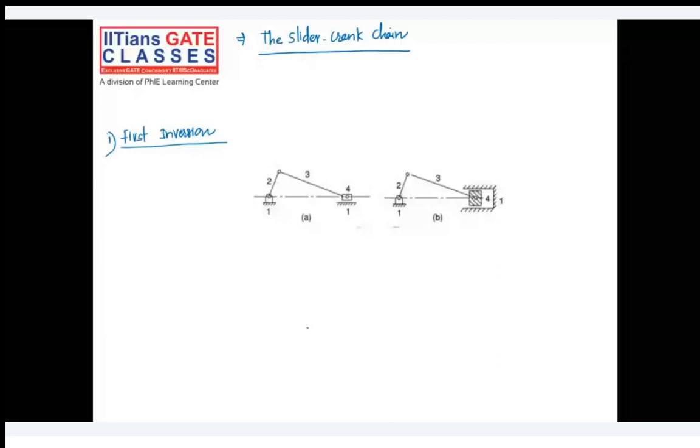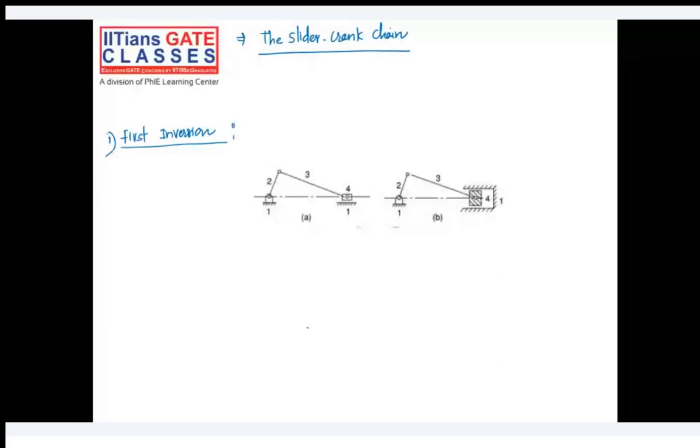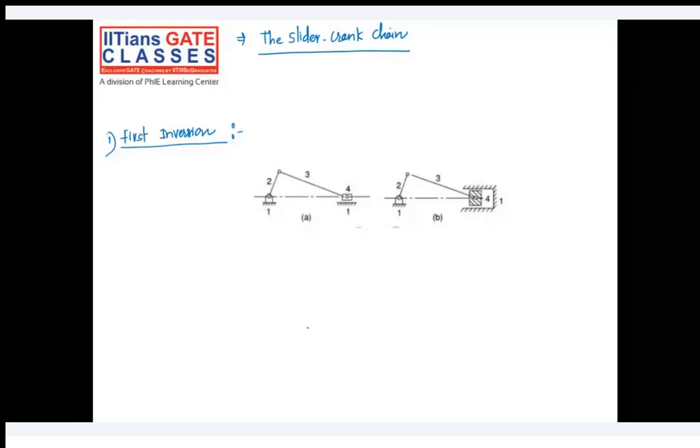Suppose if we fix first link in slider crank chain, what we are doing in 4-bar chain, we are just replacing one link by slider. We will get a slider crank mechanism. Nothing is different. Okay. Just like, for example, this link is fixed. So what you do, this fourth link you replace with slider, you will get this. So if you just replace this link with a slider and attach it, you will end up with a slider crank chain.